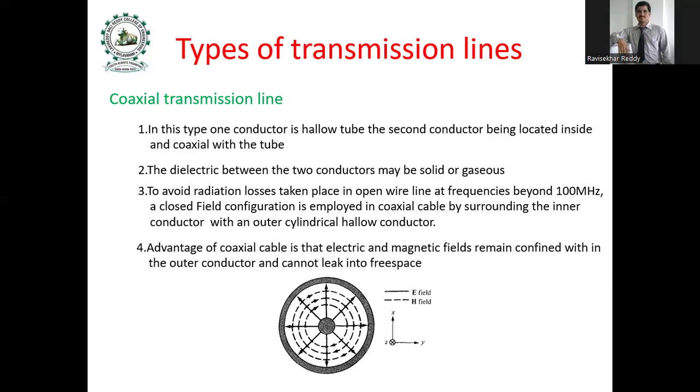To avoid radiation losses taking place in open wire lines at frequencies beyond 100 MHz, a closed field configuration is employed in coaxial cable by surrounding the inner conductor with an outer cylindrical hollow conductor. The main advantage of the coaxial transmission line is that there is no leakage of signal to free space. Here, the outer conductor provides electromagnetic shielding.